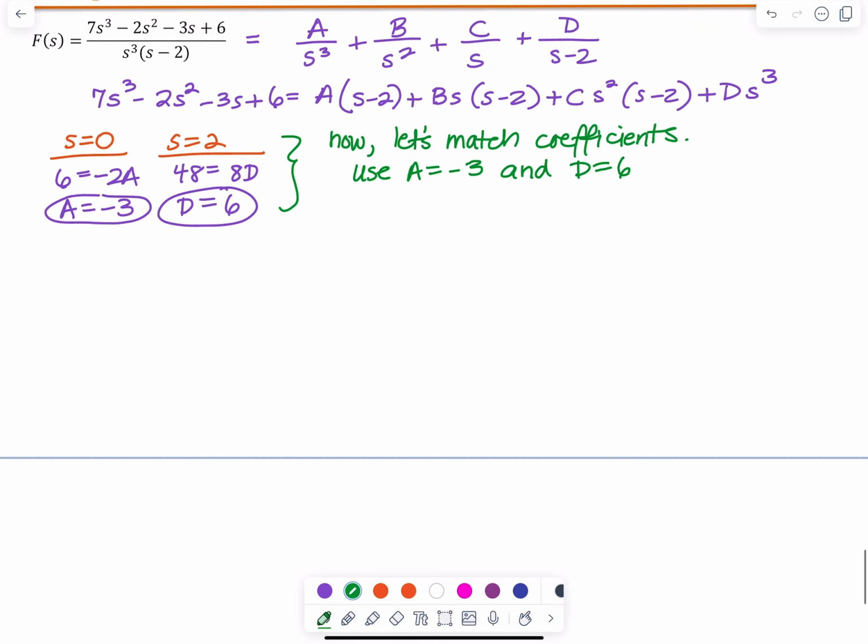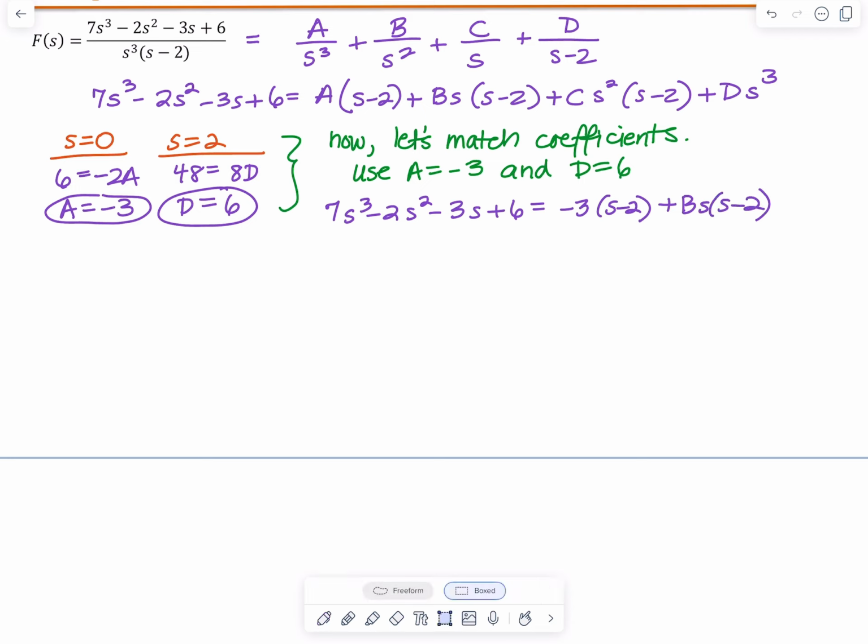So now we're going to have 7s cubed minus 2s squared minus 3s plus 6. So a is negative 3, so we're going to have a negative 3 times s minus 2 plus bs times s minus 2.